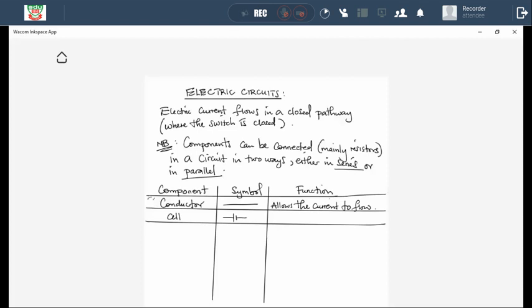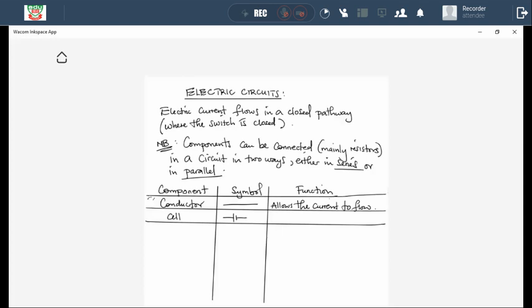So when it is like this, that is a cell. Now, I want you to appreciate the difference between a cell and a battery. A battery is a combination of many cells, right? But a cell represents one unit, which has got a positive terminal and a negative terminal. The positive terminal is the longer one, and the negative terminal is the shorter one.